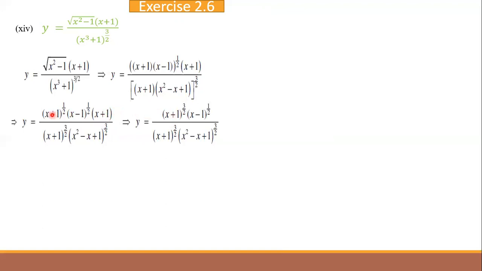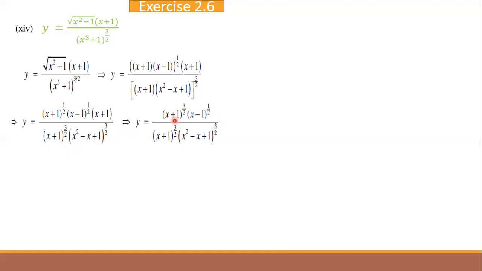Why? Because if bases are same, then powers will be added. And x minus 1 raised to power 1 by 2 as it is. The denominator is x plus 1 raised to power 3 by 2 into x square minus x plus 1 raised to power 3 by 2 as it is.